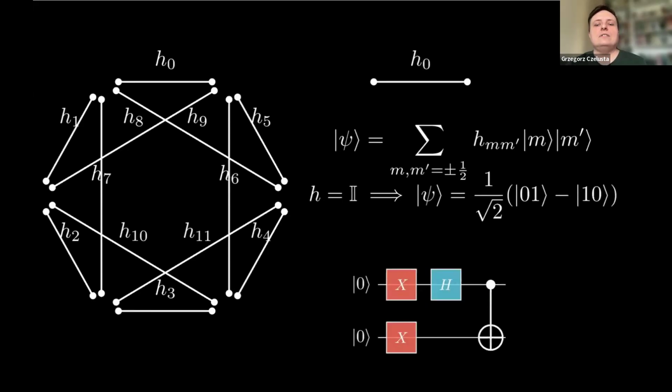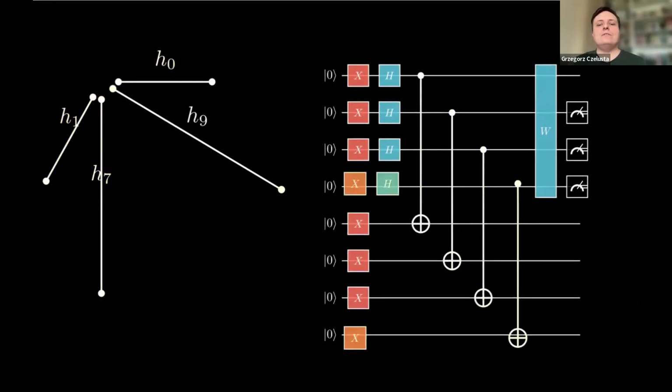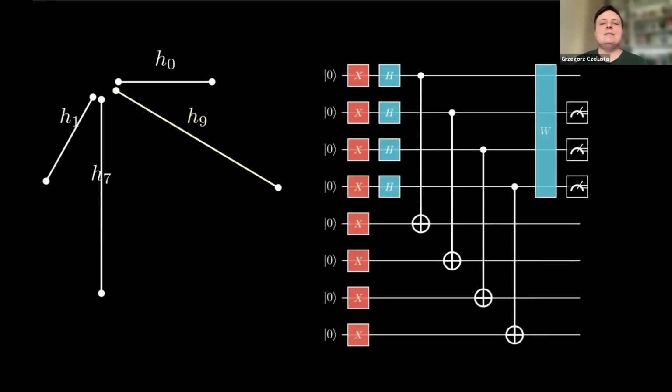And so this circuit generates a singlet state of 2 qubits corresponding to a link with trivial holonomy. And to generate a larger spin network state, we first prepare entangled pairs of qubits corresponding to the links. So we have a first link, second link, third link, and fourth link. And then we apply a projector onto the SU2 invariant subspace at each vertex.